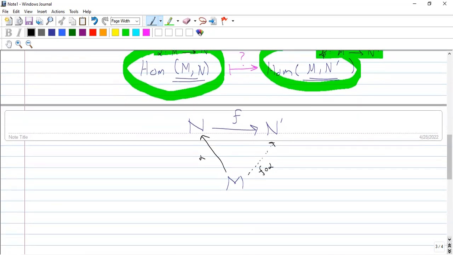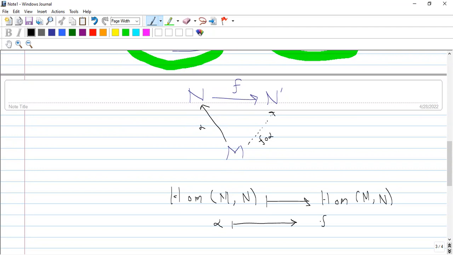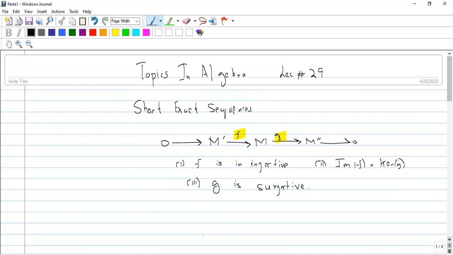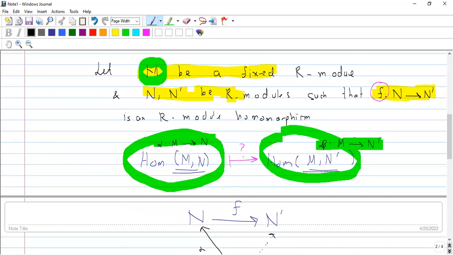In other words, whenever I have an R-module homomorphism alpha in Hom(M, N), then by taking the composition with f, I will get an R-module homomorphism from M to N dash. Initially, I want to see a relation between their Homs.